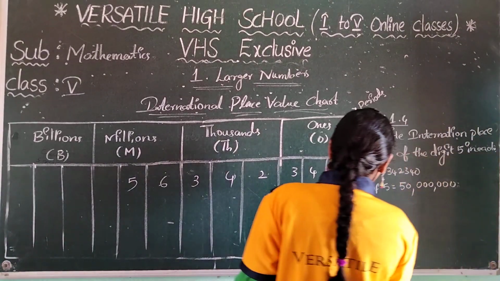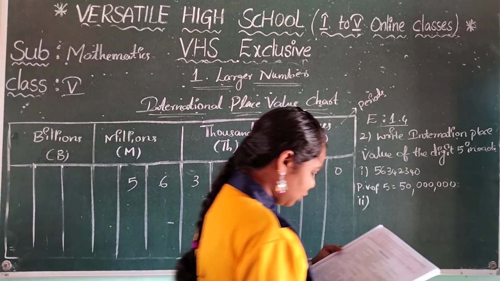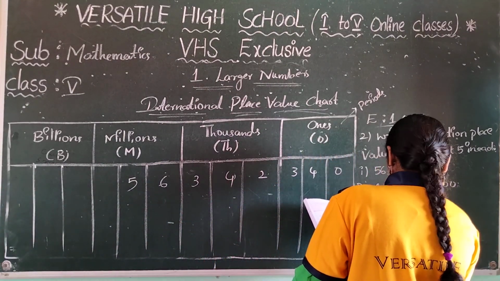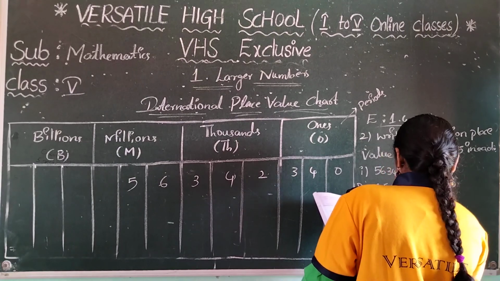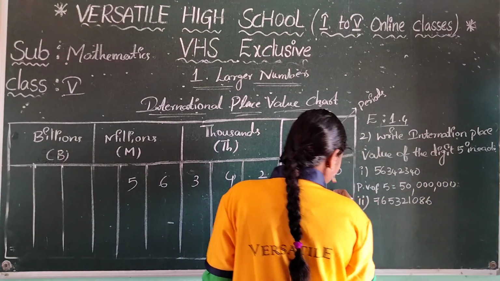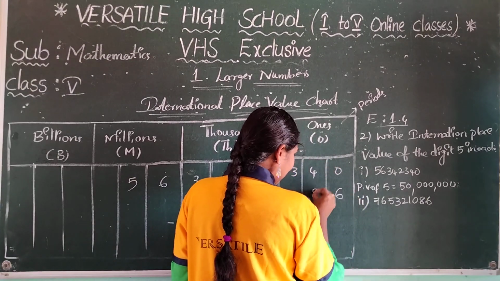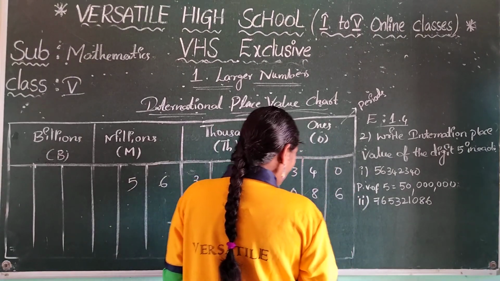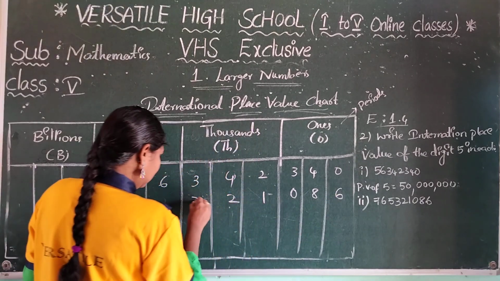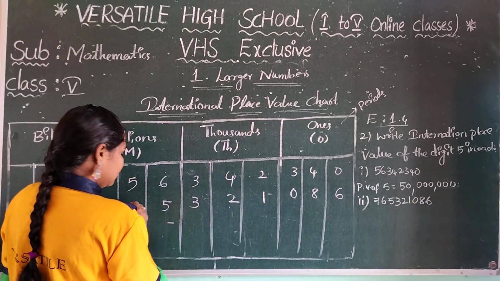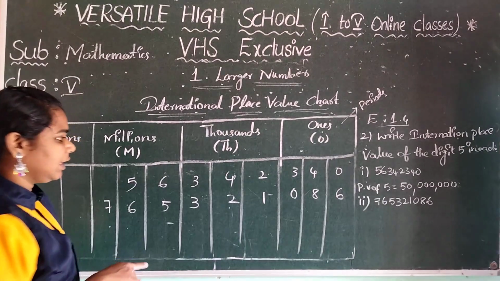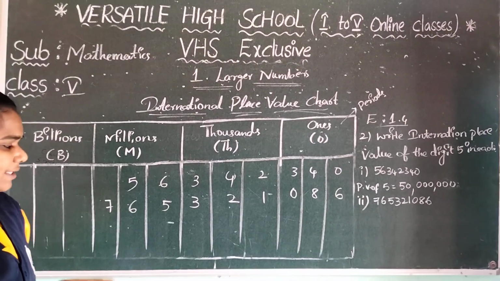Okay. Next, second one. What is the second problem? 765,321,086. So write this number now. So 765 millions, 321,086.